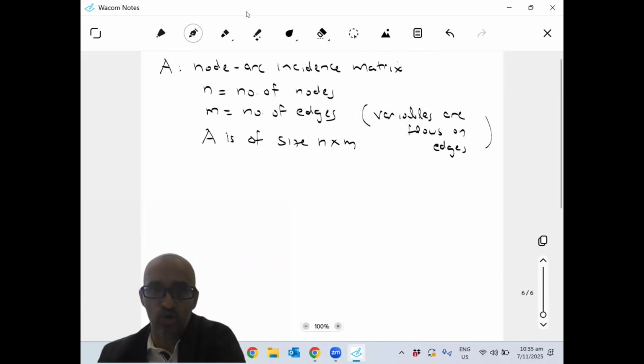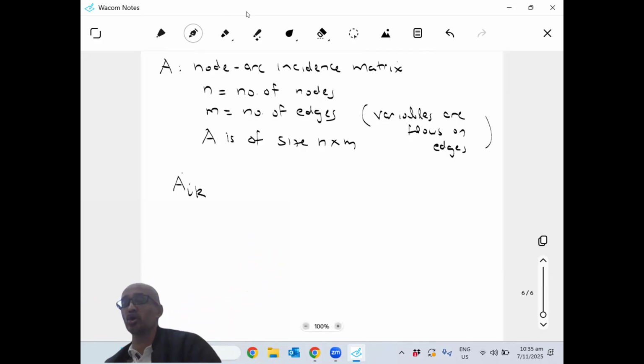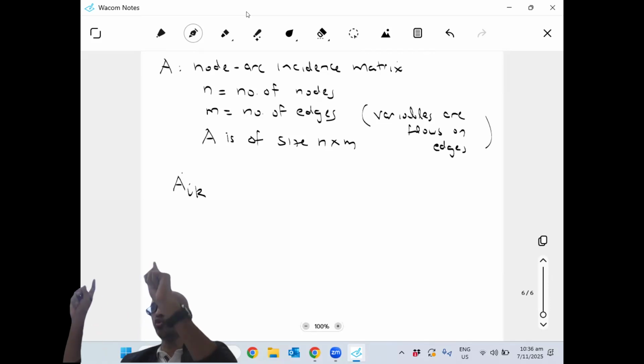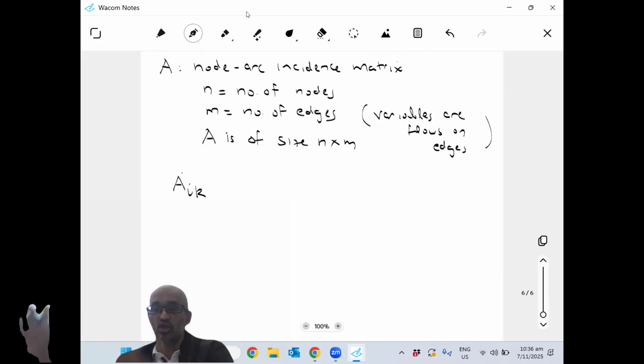Let's look at what the structure of A is. What is the definition of A? Let me call the entry AIK. Now you have to be a bit careful here, because our variables are xij. Every arc has two indices which define a variable. So I'll first define AIK.